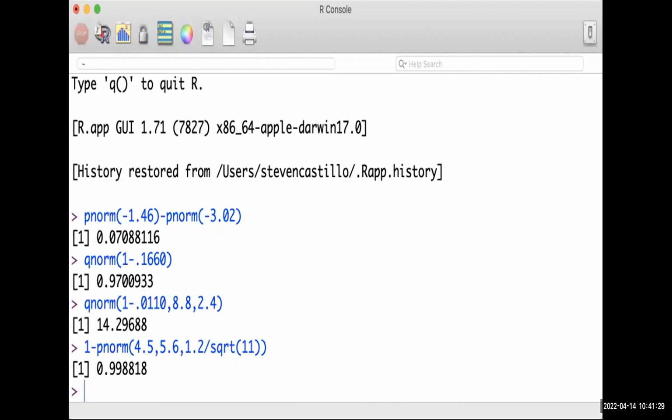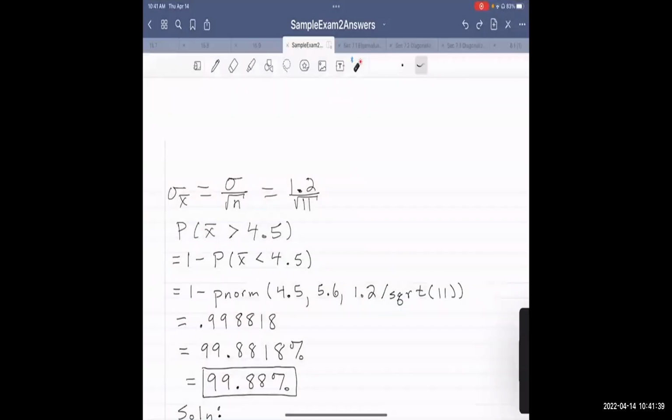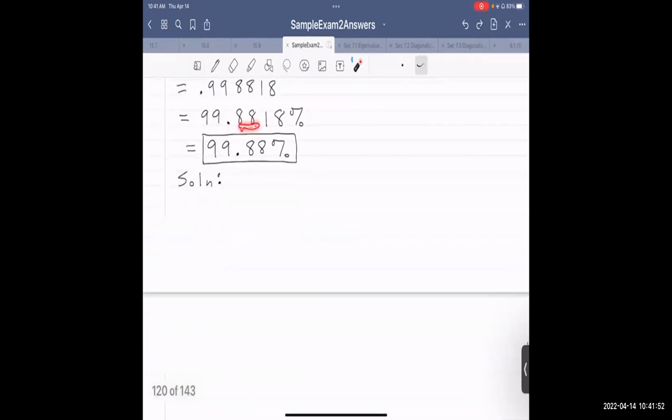Let me type that into my piece of paper. Let me move my decimal place 2 places to the right. So I have 99.8818%. Let me round to the nearest hundredth. And so I have 99.88%.